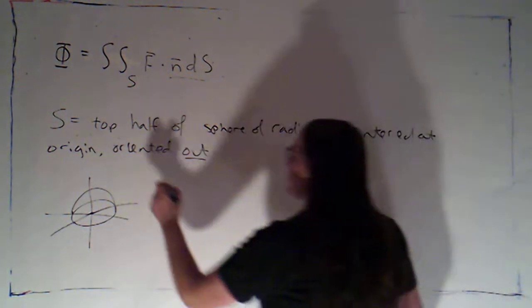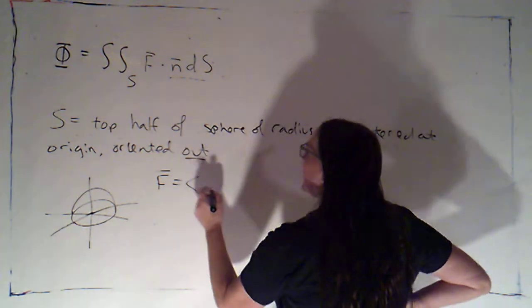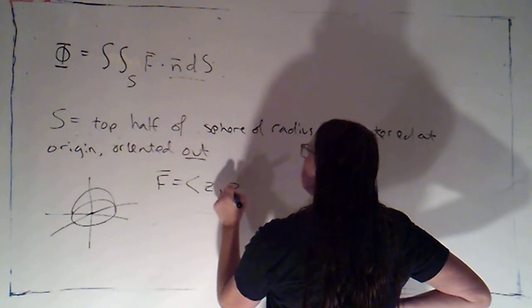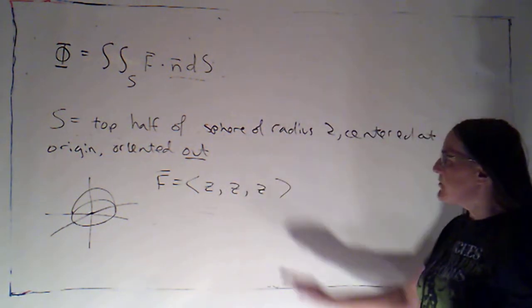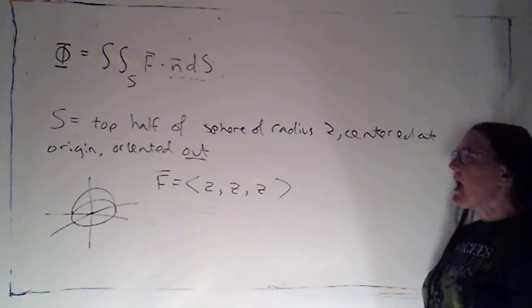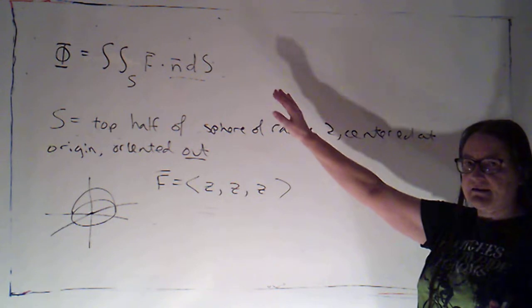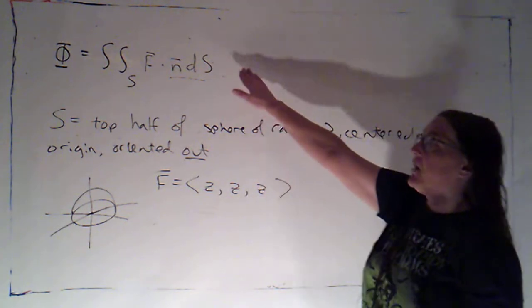Okay, I'm going to let F just be, let's go with z, z, z. Okay, so that's going to be my vector field. I'm going to calculate the flux of F across S. Okay, now I'm just giving you a vector field and we're calculating this.